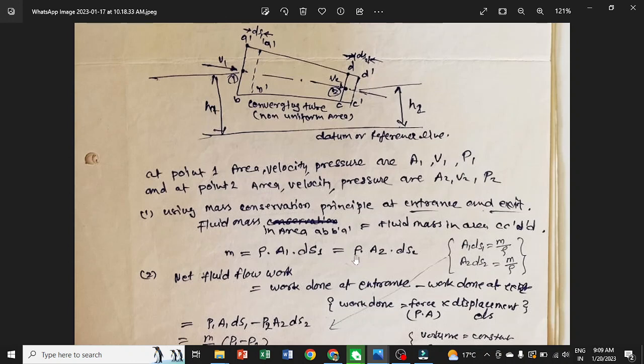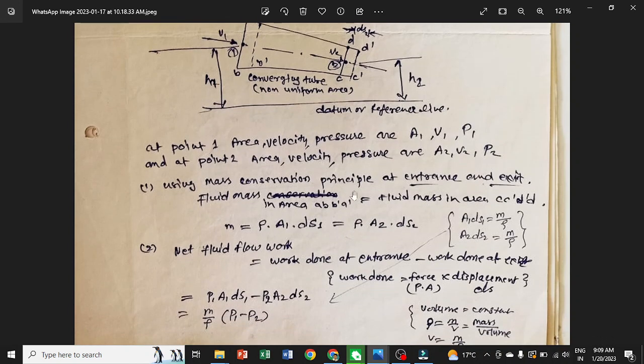The density is always the same, but the area is different, so we have taken A2, and the distance is different, ds2, because the section size is different. So density multiplied by area and distance ds2. So this is point number 1.